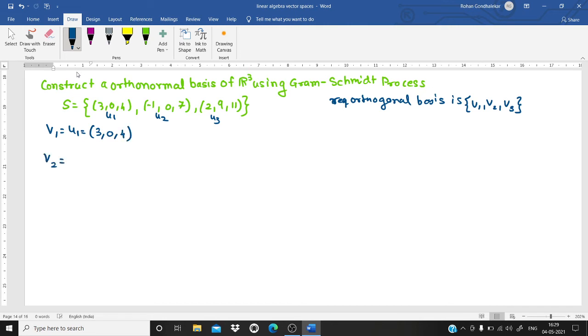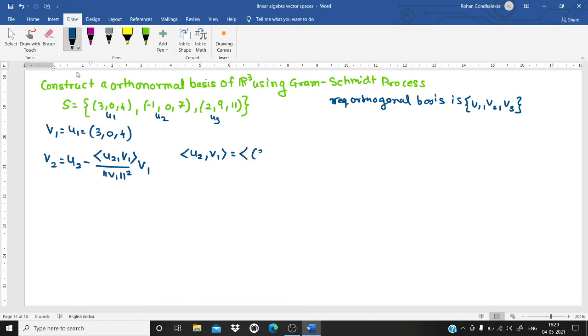Fine. What is v2 here? The v2 will be u2 minus the inner product of u2 with v1 upon norm v1 square into v1. So what is the inner product of u2 with v1?